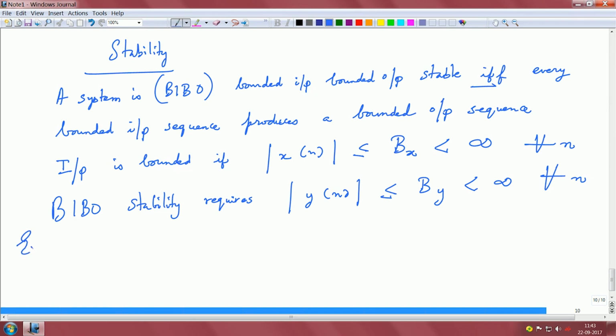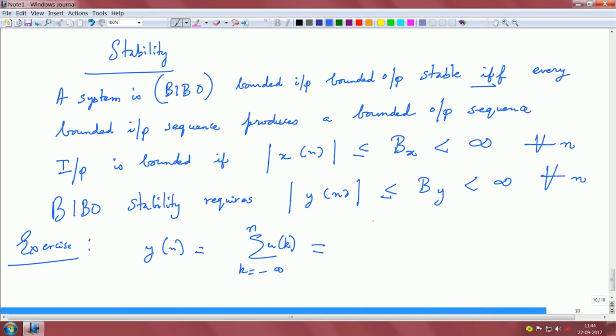Now, something that you want to ponder about is, suppose I give you y of n to be the summation of the unit step from the past, that is from minus infinity to the time step n.